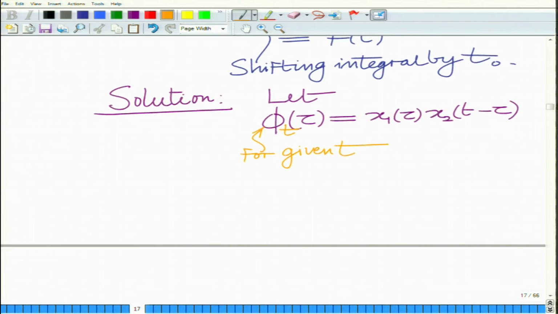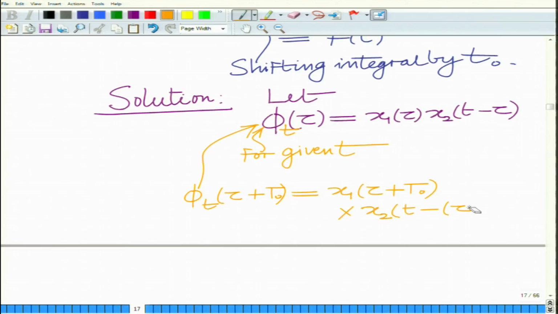Now, let us look at phi t of tau plus T naught, which equals x1 of tau plus T naught into x2 of t minus tau plus T naught, which is equal to x1 of tau plus T naught into x2 of t minus tau minus T naught.